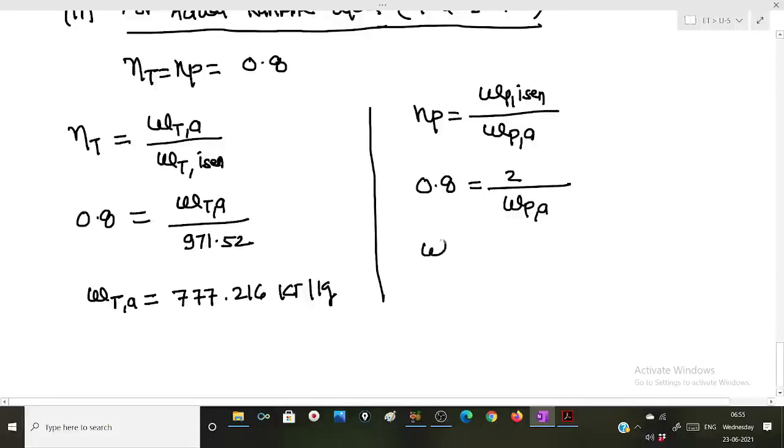So from here I will get the actual pump work as 2.5 kilojoule per kg.